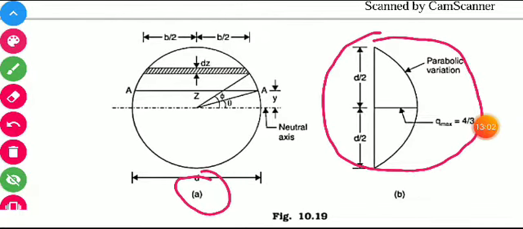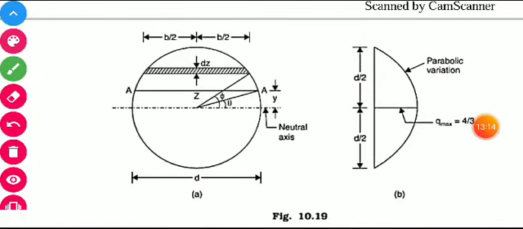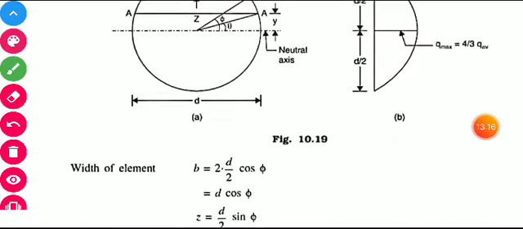In the case of rectangular, this value is 1.5 times the q average. In the case of circular section, this value is 4 by 3 times the q average.